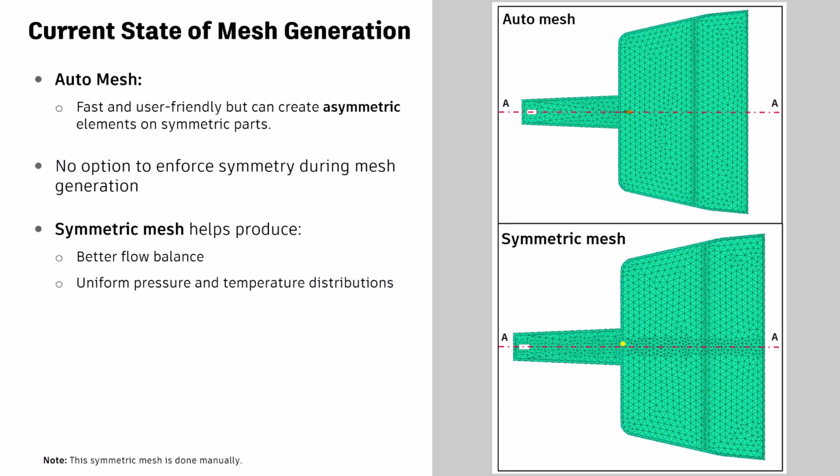The reason I have taken up this topic is many times when I have a conversation with users, they come across the situation when they have a symmetric part, but sometimes the results are not really reflecting at the minute level on either side, say the RH and LH side of it.